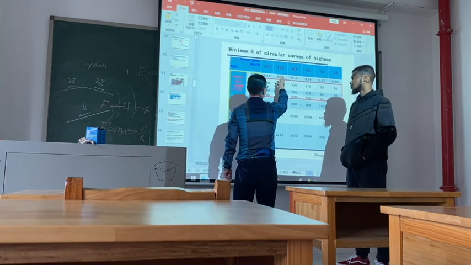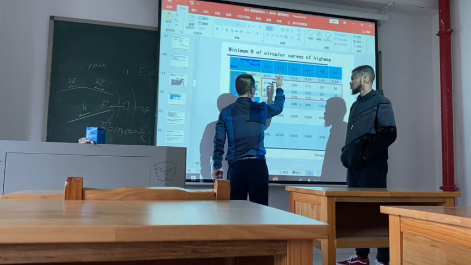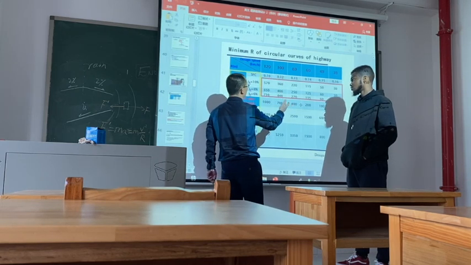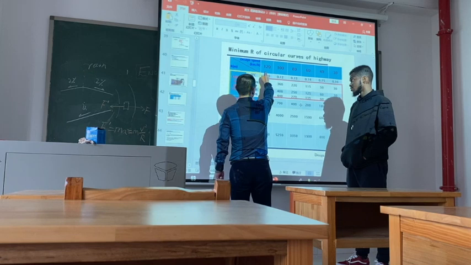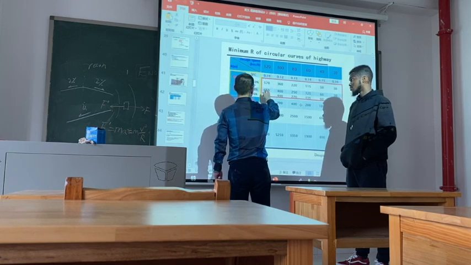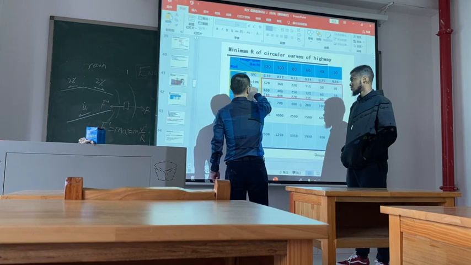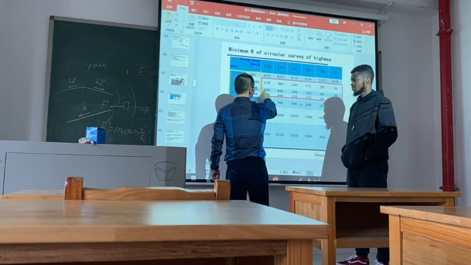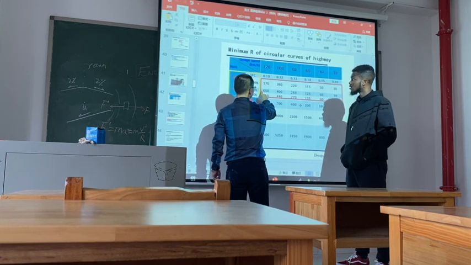For example, when design speed is 120 kilometers per hour and you use 8% superelevation slope, the radius of the circular curve must be greater than 650 meters.